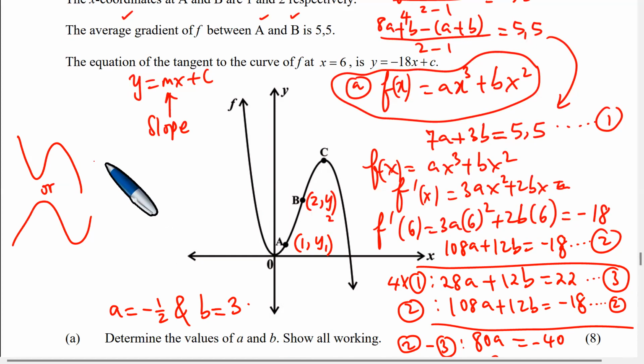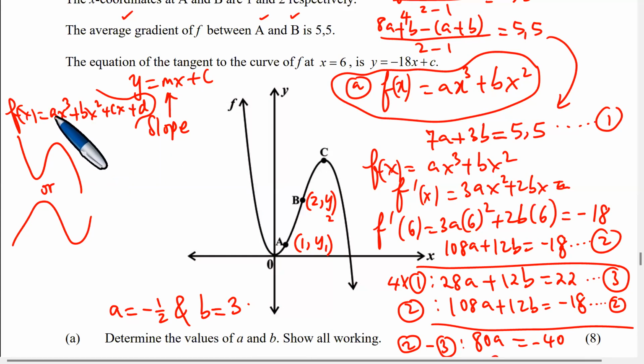If you have the actual defining cubic function, which is ax cubed plus bx squared plus cx plus d, look carefully. If the coefficient of a is negative, then the graph of the cubic function is like this.